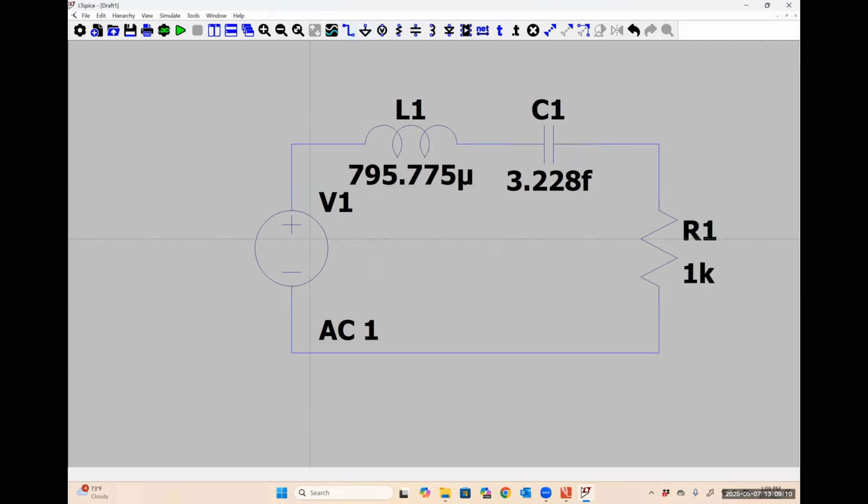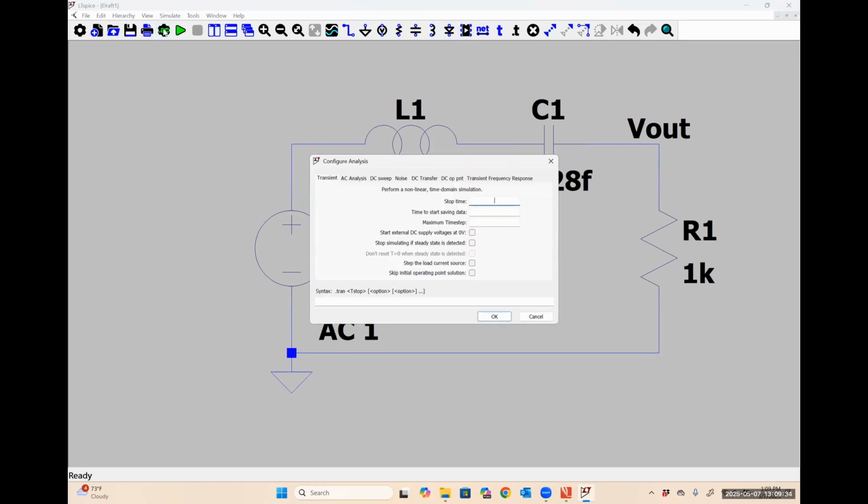I need to put ground down here somewhere because LTspice requires us to have a ground. And I'm going to label the voltage drop across my resistor as V out. Like so.